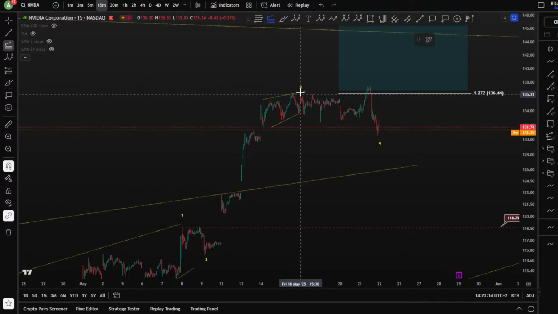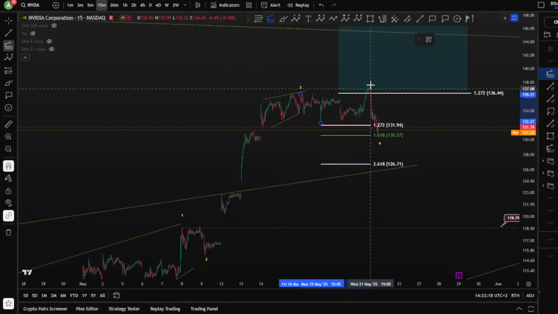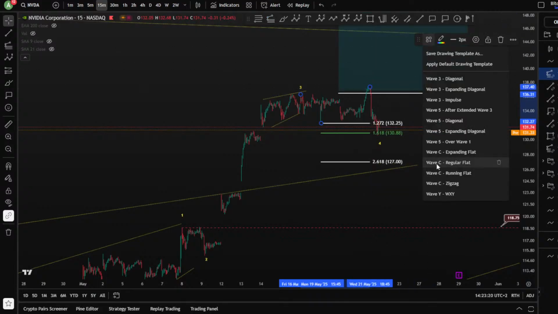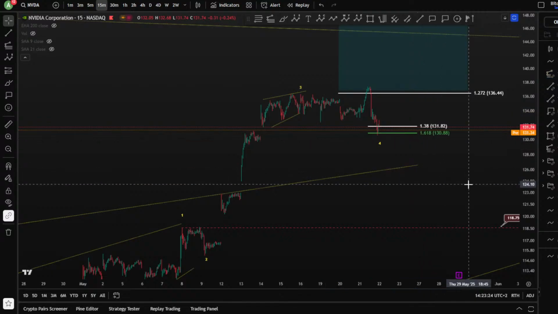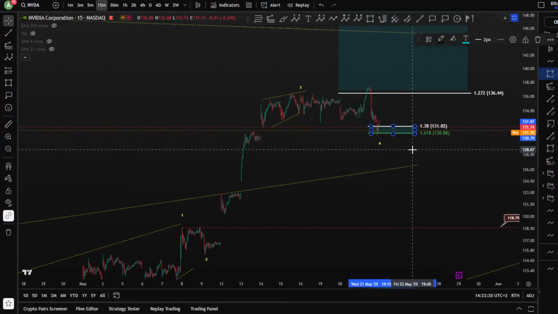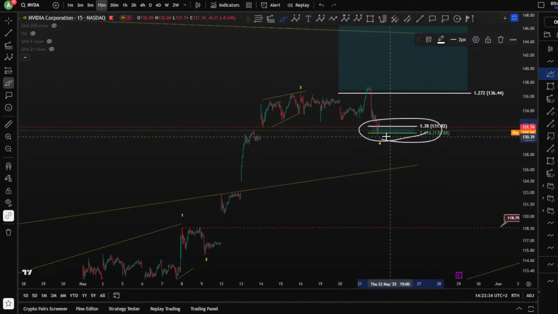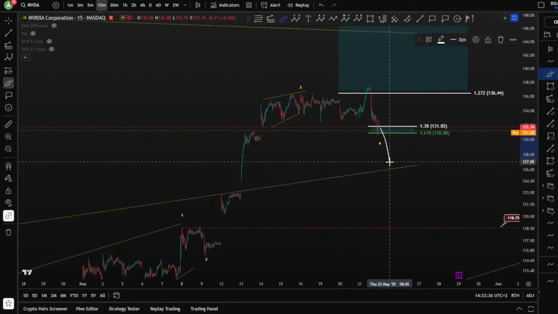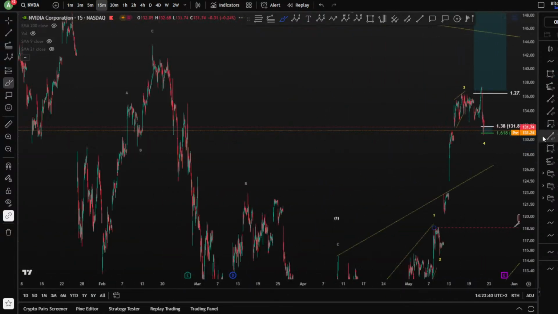Targets for this one, just to get much clearer, expanding flat. We have already hit it, so meaning you would like to see higher prices. If we see lower prices again, lower than this area today, if we see more drops, that means, of course, something else is unfolding, and we have to be careful.